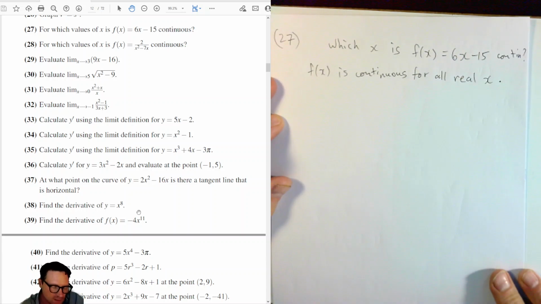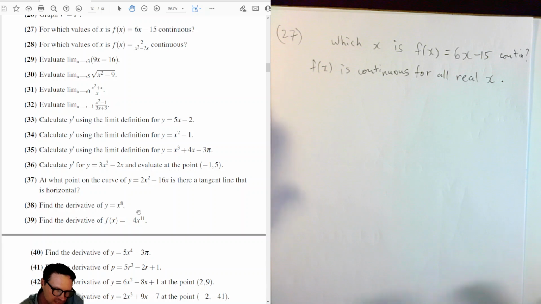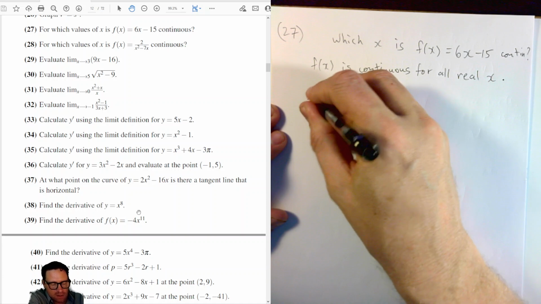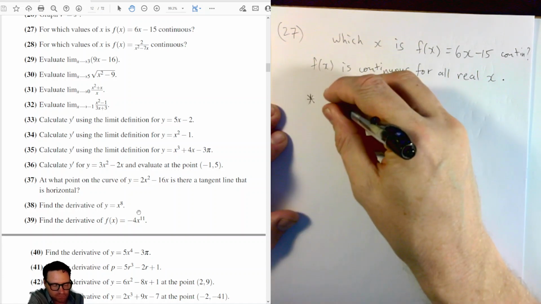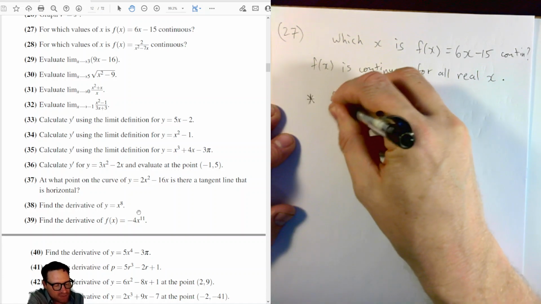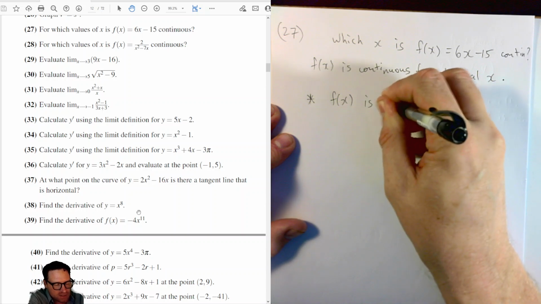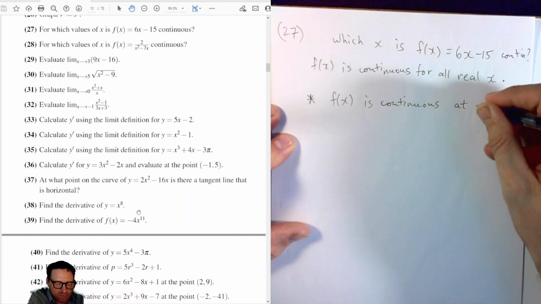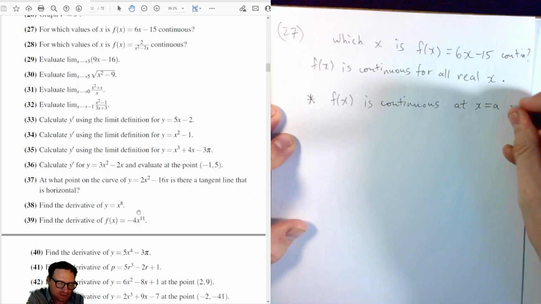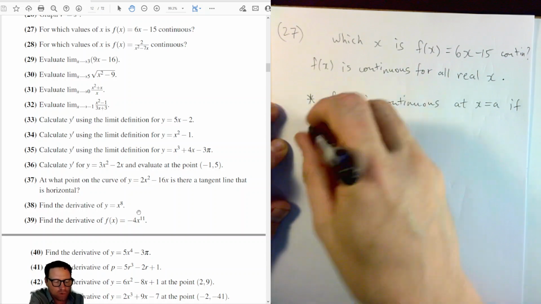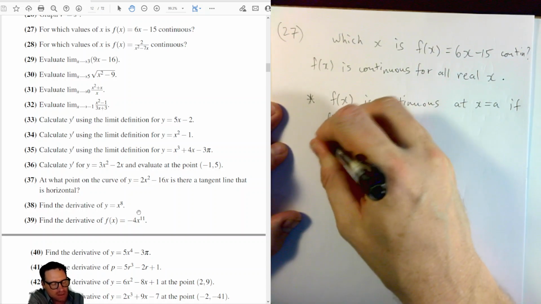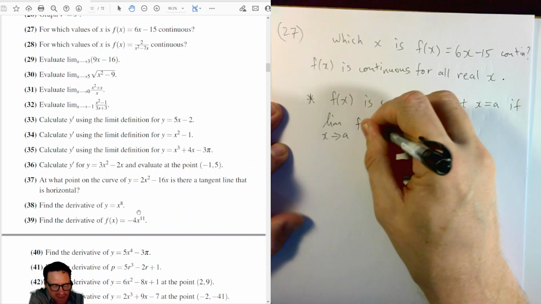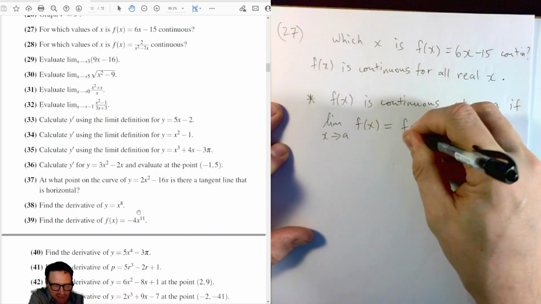All right, but let's give a slightly better definition of continuous. Okay, so dot point 1, f of x is continuous at the point where x is equal to a if the following condition holds. The limit as x approaches a of f of x is equal to f of a.